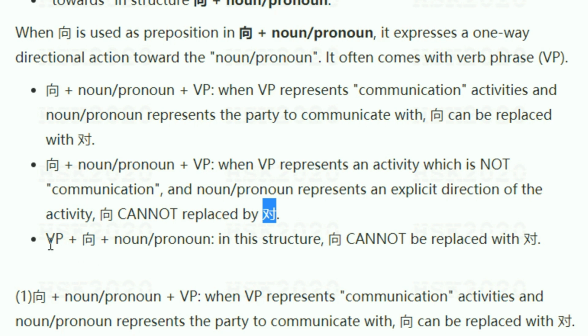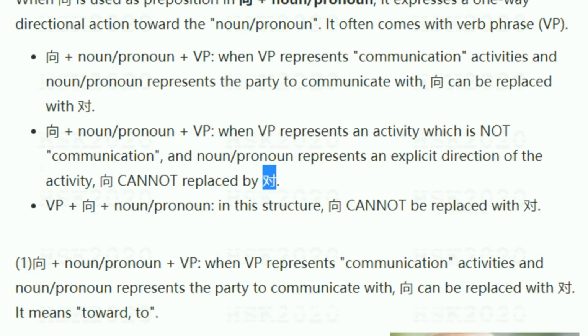Also, remember, we can have a structure like this: verb phrase plus 向, then plus noun or pronoun. This structure is not replaced by 对 because 对 cannot be used in this fashion.